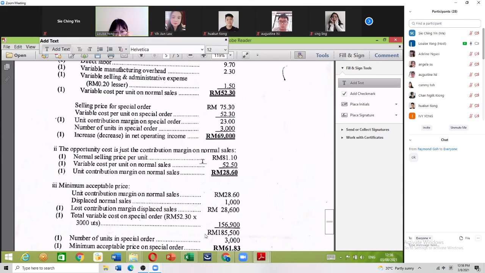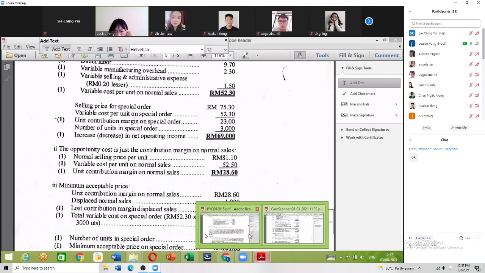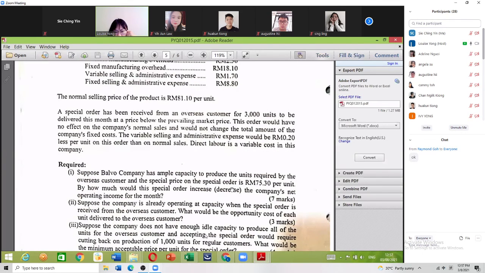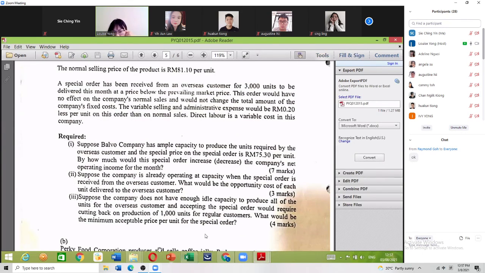Use your normal selling price $81.10 minus your variable cost of $52.50, so the unit contribution of normal is $28.60. If you times 3,000, that would be the total opportunity cost. But here they only ask for opportunity cost per unit, so you don't need the total. You need to calculate your contribution per unit on your normal sales.